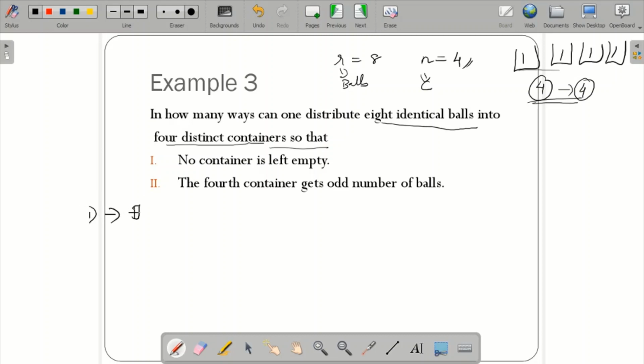Solution of the first one. No container is left empty means I need to distribute one each to all the containers.